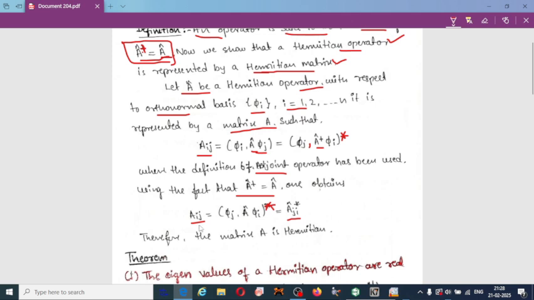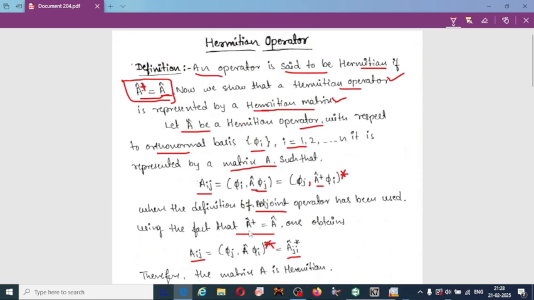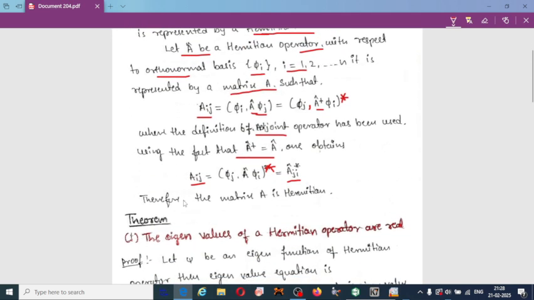The ith row and jth column can be transformed into the jth row and ith column and its conjugate. That is, both transpose and conjugate are involved in the Hermitian operator definition. This is the definition of a Hermitian operator.